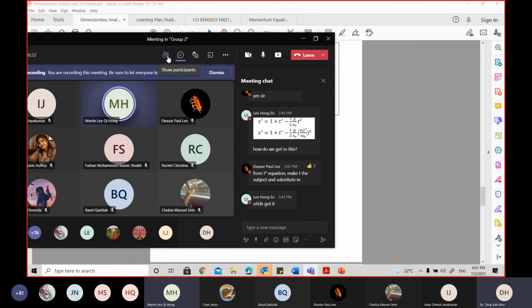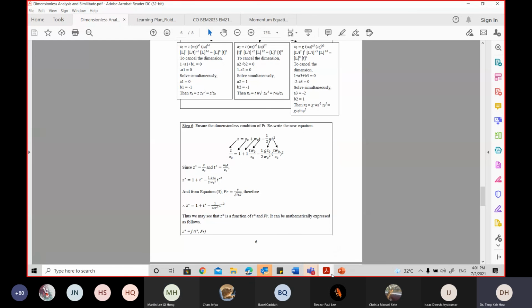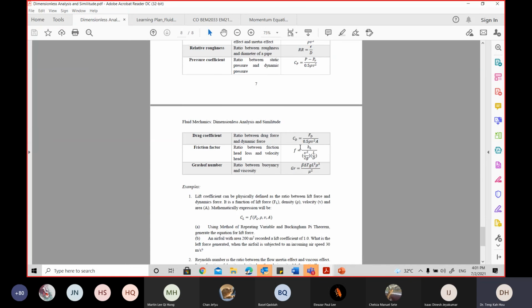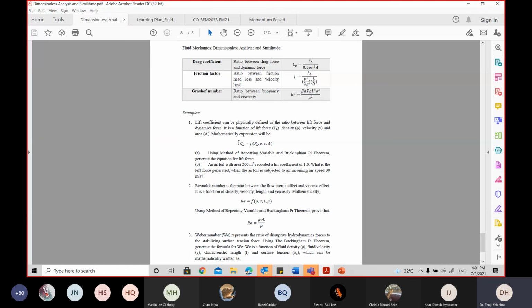Okay, sir. Yep, and next class, I'm going to solve with you together how we can solve this kind of things. Or perhaps I will go through a question together. Just like you see from here, they're giving you the functions of this leaf coefficient. How do you find the dimensionless equation for this?